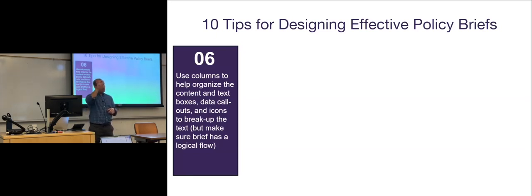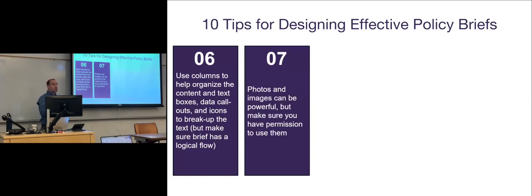So have a header and start on your left and go down and make it clear that these data callouts and text boxes fit within the narrative text. And so don't make them guess about where they should be reading. So these are some basic things: if you're going to have a figure, refer to the figure in the text, right? So just make it as easy as possible for the reader so they don't get lost and they catch all the key parts of your brief.